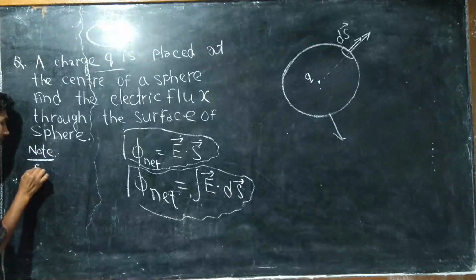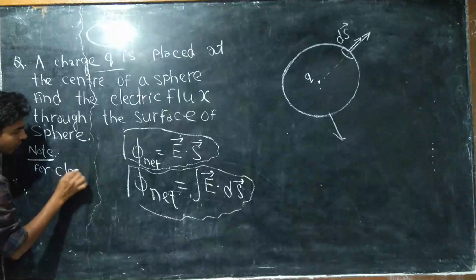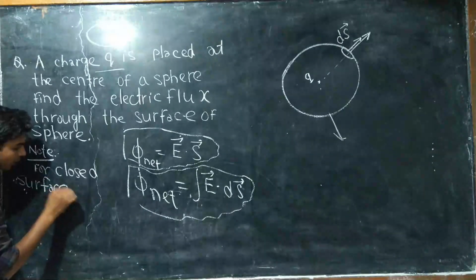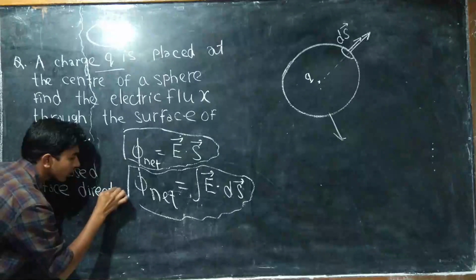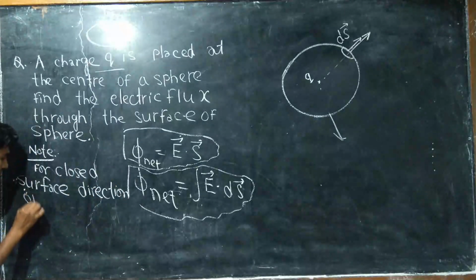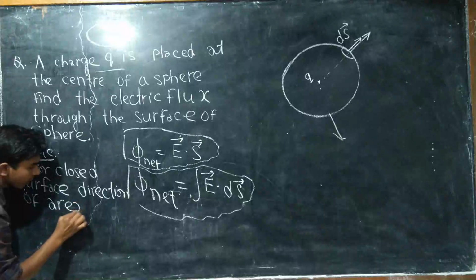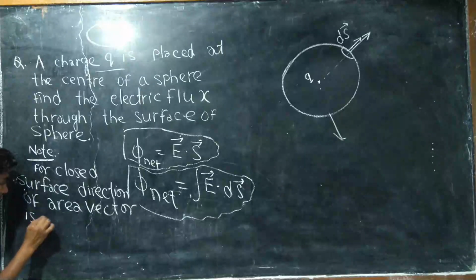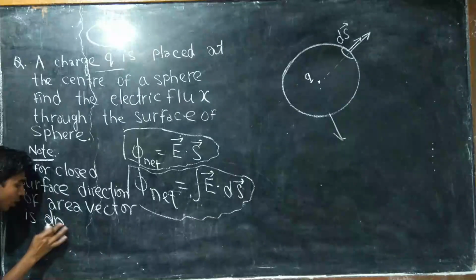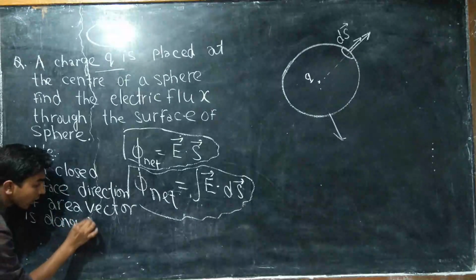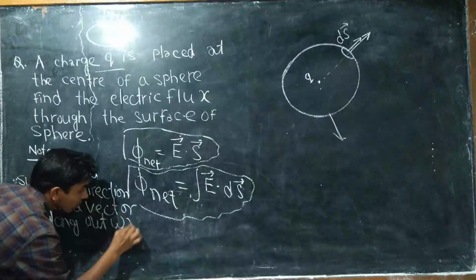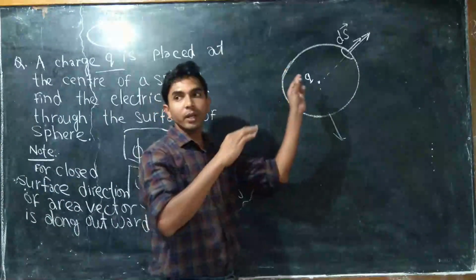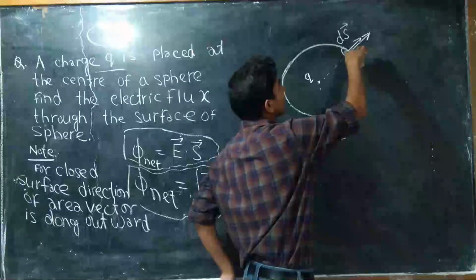So I am writing here, you can note it down: for a closed surface, the direction of area vector is along the outward normal. So here this is your sphere, and the outward normal on this sphere will be in this direction.